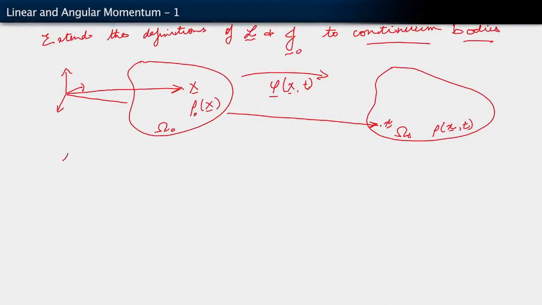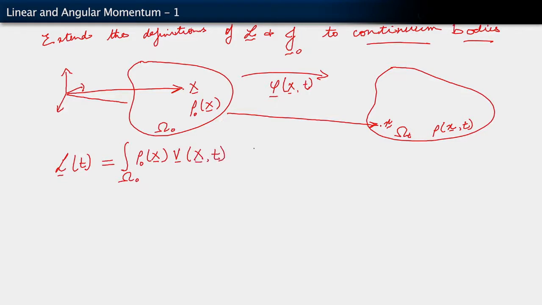All right, let's write out our definitions of linear and angular momentum here. So the linear momentum, L, remains a function of time, and this is defined as the integral over omega naught of rho 0 of x, rho 0 is a function of x, times the velocity of x comma t.